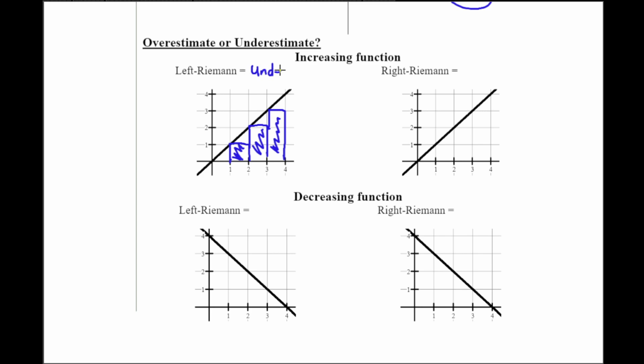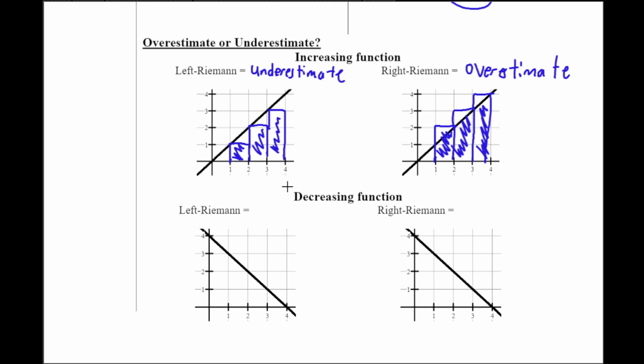So this is what we call an underestimate, because the area approximation with these rectangles is clearly less than what's actually underneath the curve. For our right Riemann sum, from 1 to 2, and then from 2 to 3, you can see that this is an overestimate because all the rectangles are partially above the curve.